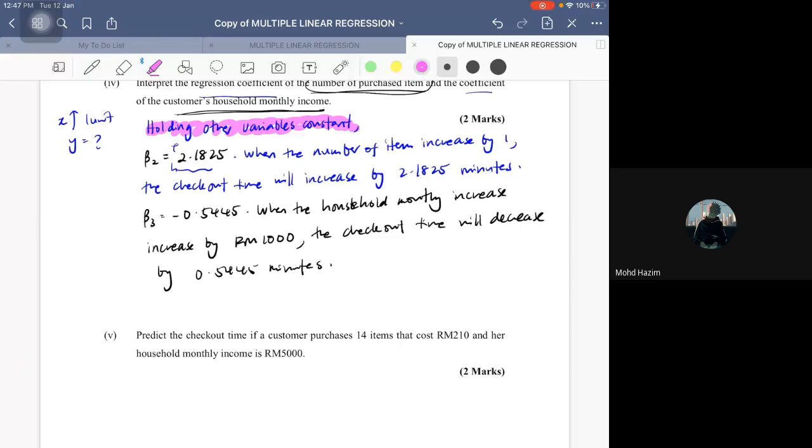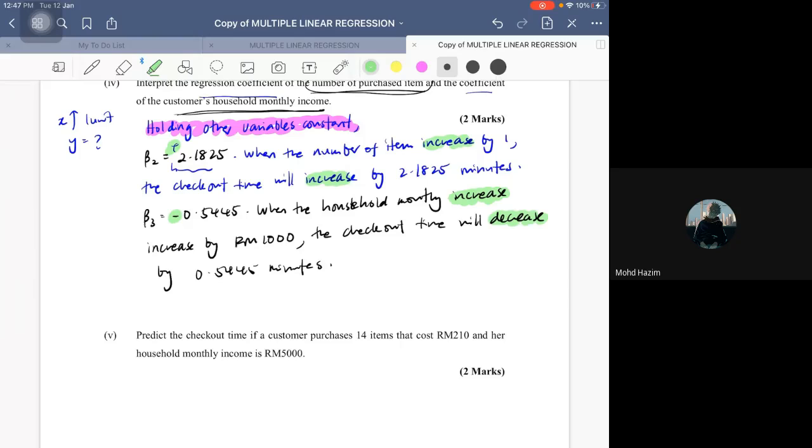If you notice, for the previous one, when x increases, y is going to increase as well, because our coefficient is a positive value. But for beta 3, when the value of x increases, the value of y will decrease because our coefficient value is negative.